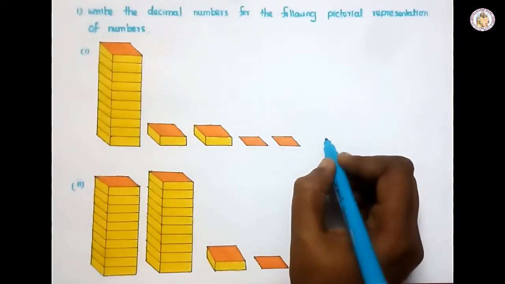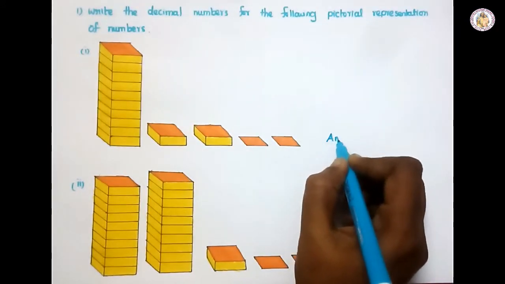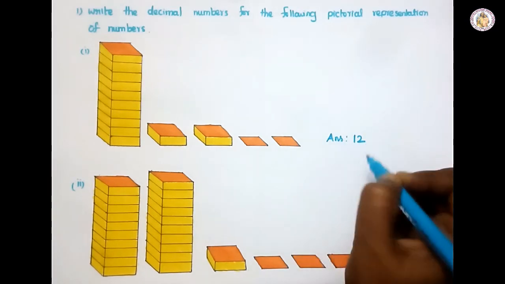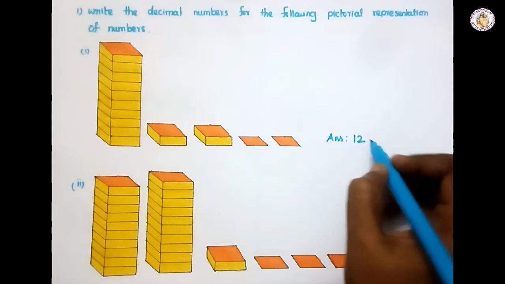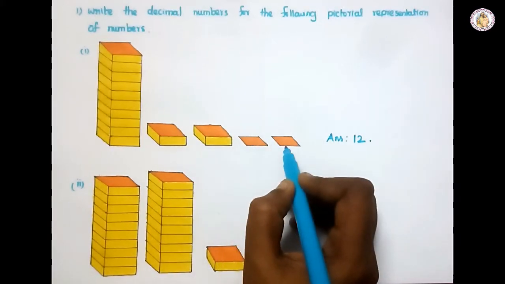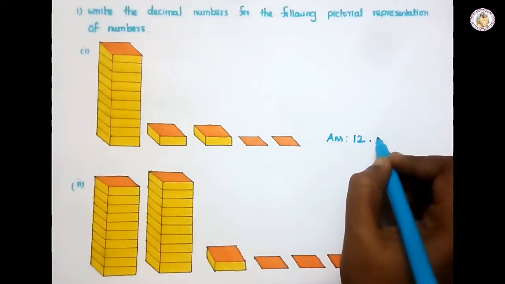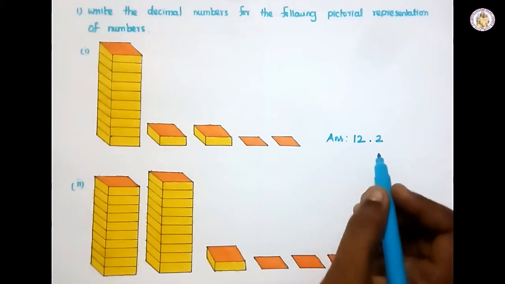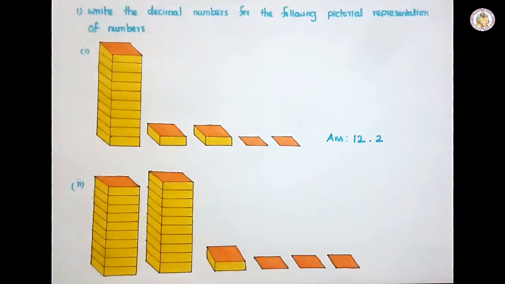How will you write the answer? That is 12 point, here 1/10, here 1/10, means 2 tenths. So that is 2. 12.2 is the answer. Next one.